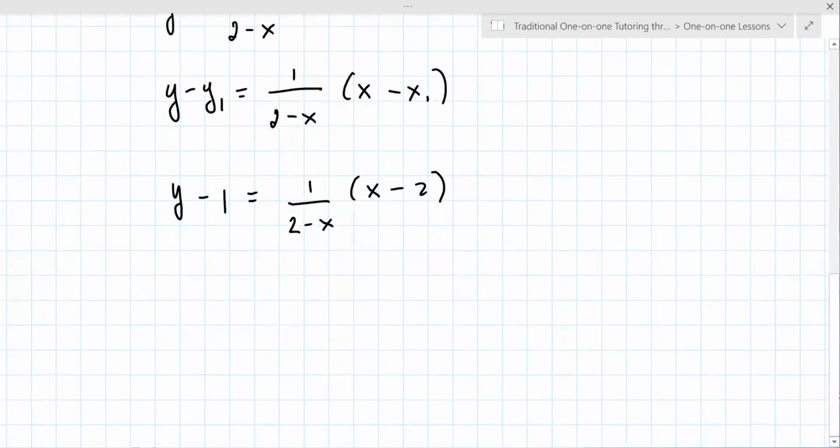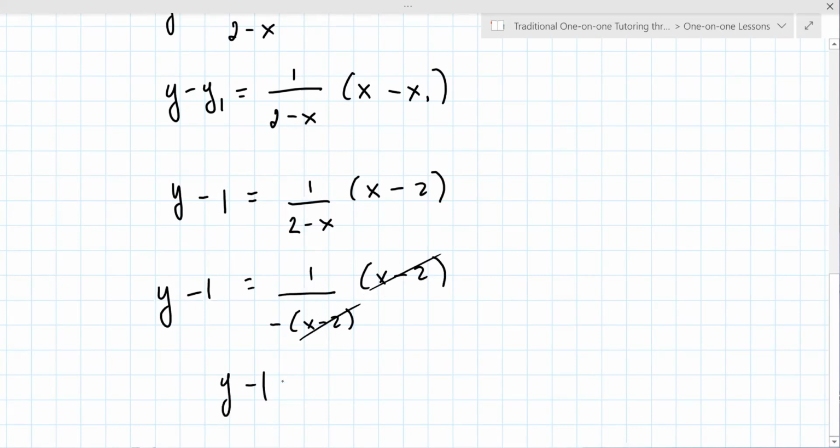I know we're jumping around a lot, but we can rewrite the bottom as 1 over negative x minus 2. You can factor out a negative in both. The x's end up canceling. y minus 1 equals minus 1. We keep proving the same thing here: y equals 0. That certainly is not correct.